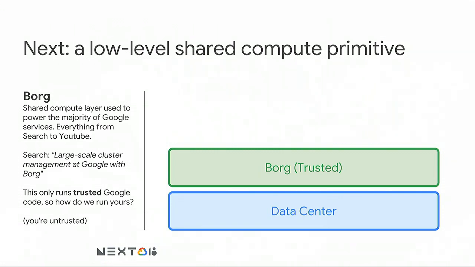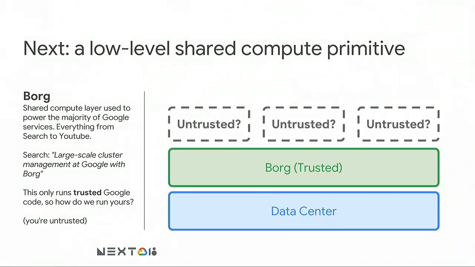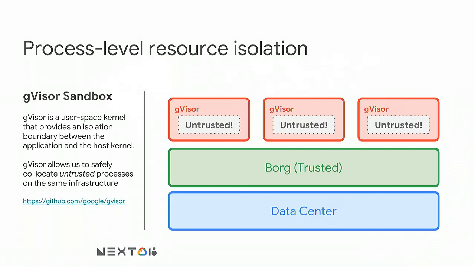The caveat is that it only runs trusted code. It runs code that is cryptographically verifiable as Google code. And your code, I hate to say it, is untrusted. So how do we run untrusted code? Earlier in the year at KubeCon, we talked about the open sourcing of a project we call gVisor. gVisor is a unique sandboxing technology that we've created.